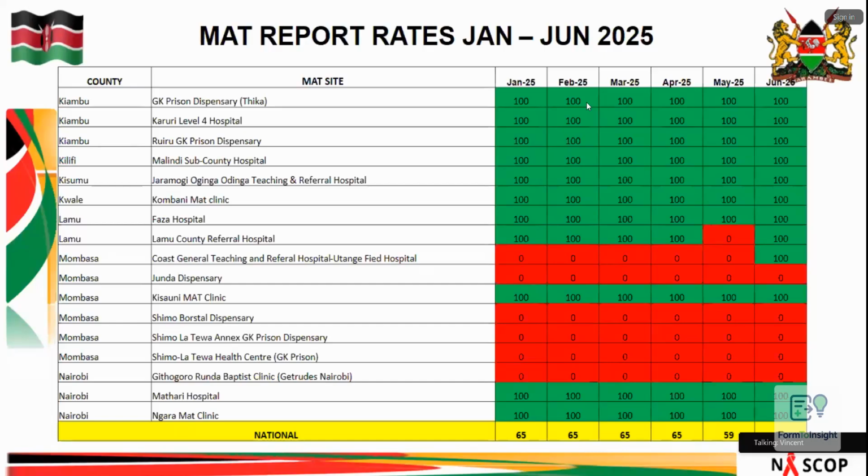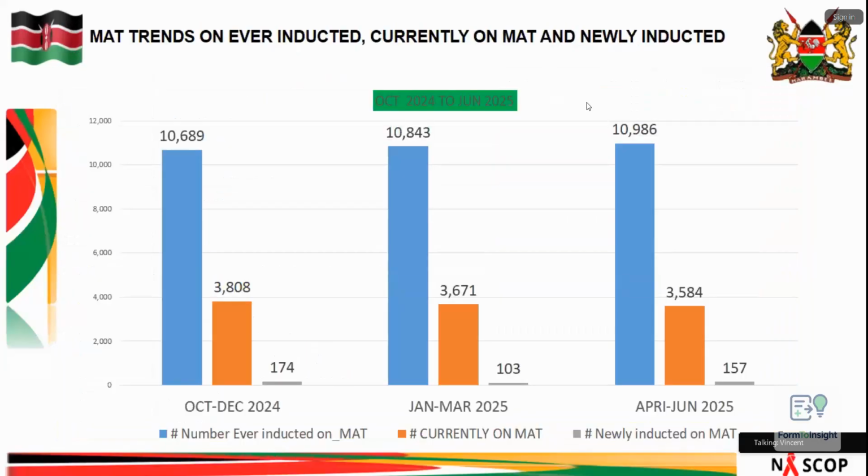So let's be careful to ensure that when we are allocating these data sets, we allocate the correct data set, because that has an implication on the reporting rates at national level. So you can see for March as at June 2025, we are doing 71%. Then ever inducted again, because of those report rates, you can see a drop currently on MAT from 3,800 to 3,500 as at June 2025.